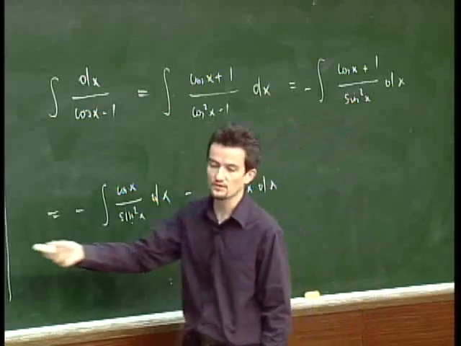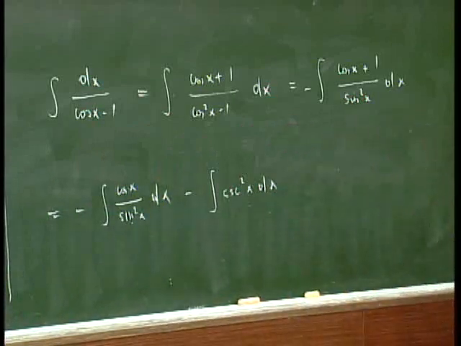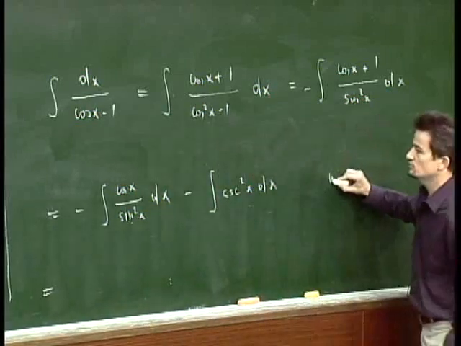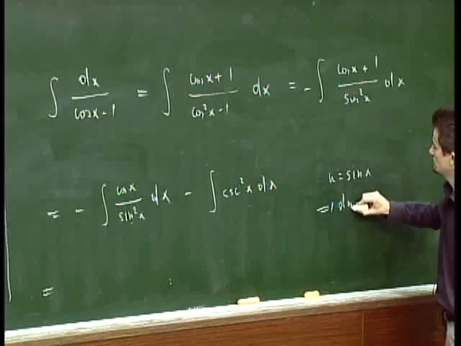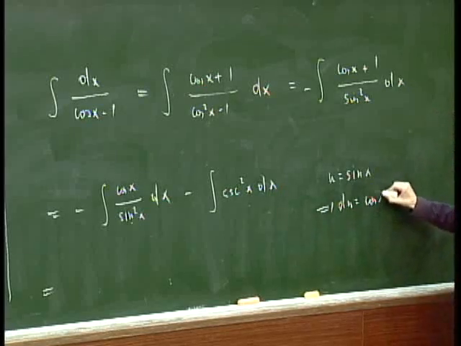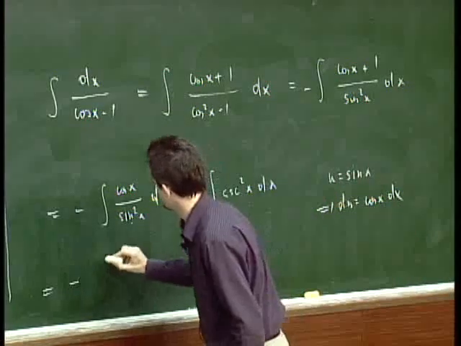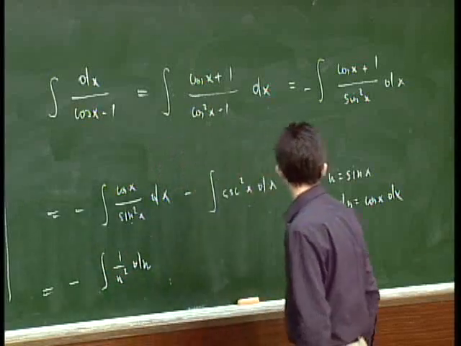This falls into this category, but this is easy because this is just a cotangent. So here you use substitution. For the first one, you use u equal to sine of x, so du is equal to cosine of x dx. So you have here minus 1 over u squared du.